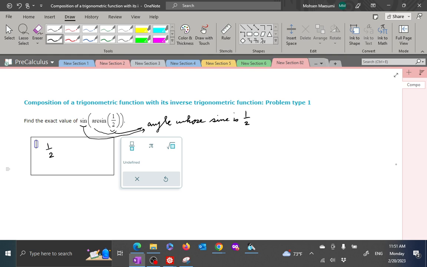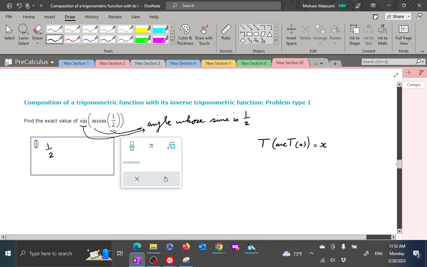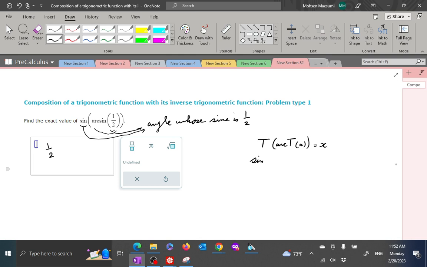For all trig functions, if you apply that trig function to arc of that function of x, you just get x. So there is no issue of finding what quadrant you're in or any of that sort. For sine of arcsine of x, any x, it doesn't have to be any famous angle, it's just x.